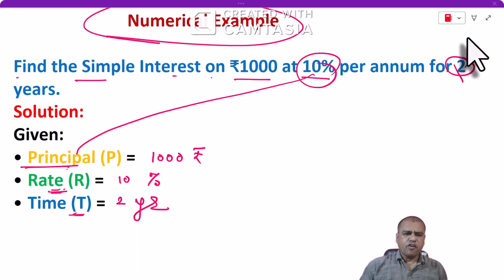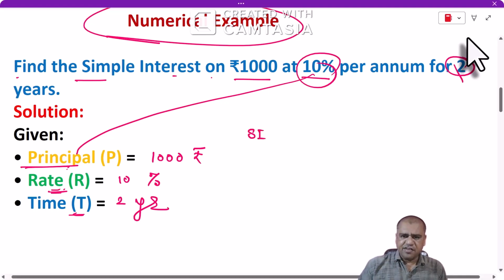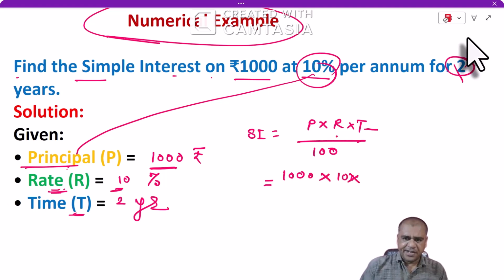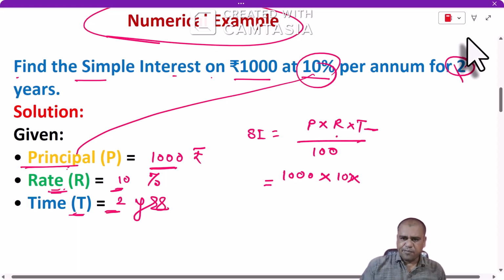The formula of SI, which we have seen earlier, is SI equals P into R into T divided by 100. On putting the values: 1000 into 10 into 2 divided by 100.